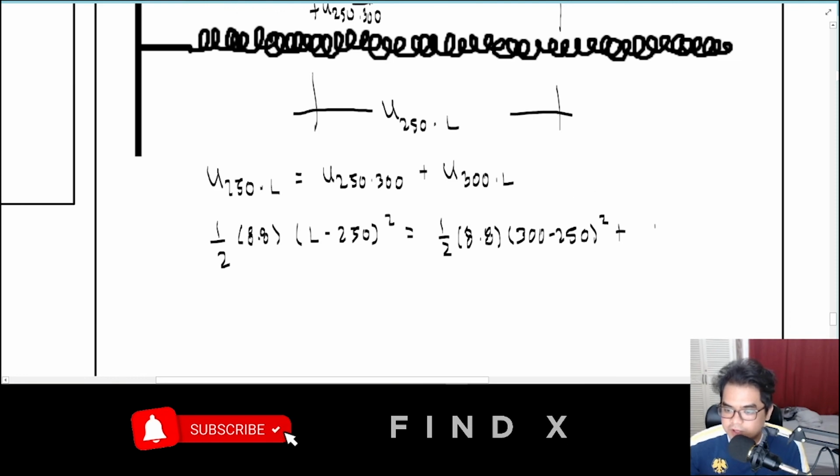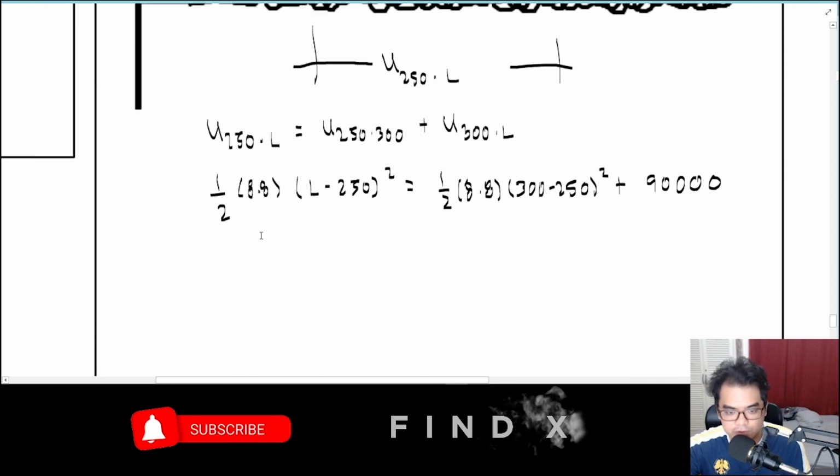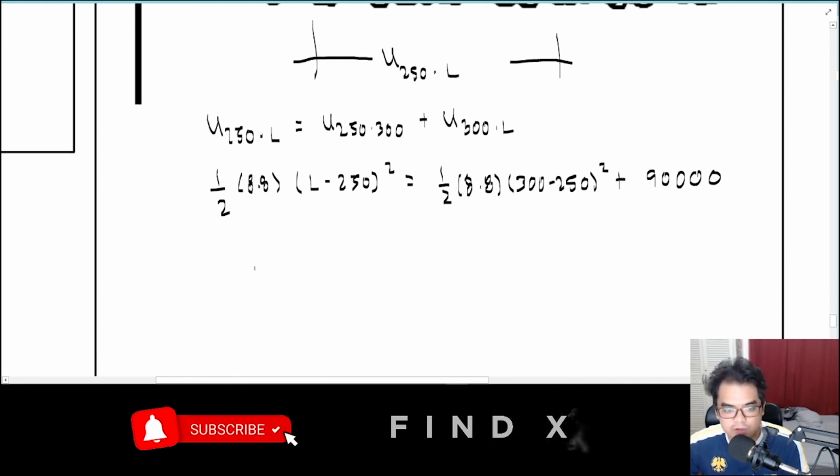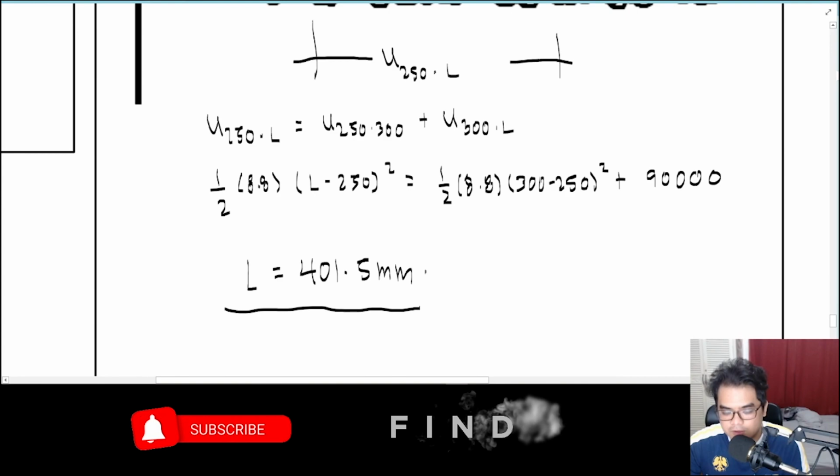So this should be just 90,000. I think that's good. If you use your calculator, the L that you will find is 401.5 millimeter. So that's the answer.